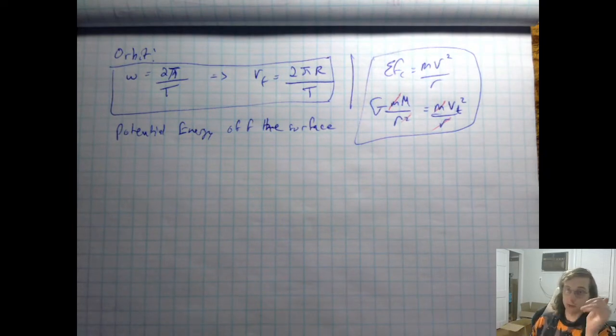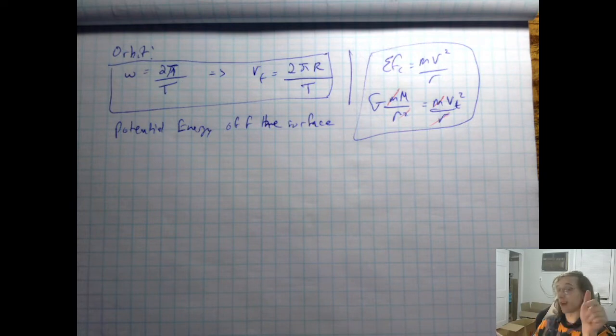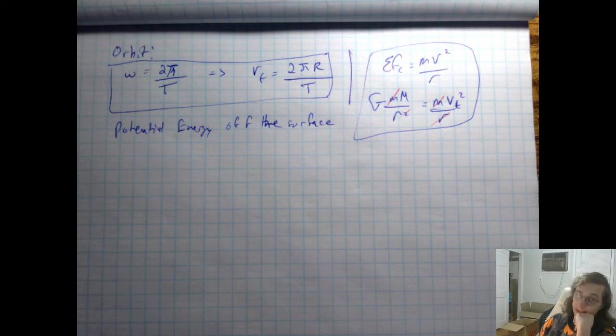I'm not going to do it here, but it's a really worthwhile exercise to try to derive our old equation for potential energy, and double check that when the difference between your two distances is very small, you do actually get pretty much a linear function. But to start with, what I want to figure out is the potential energy off the surface of a planet.